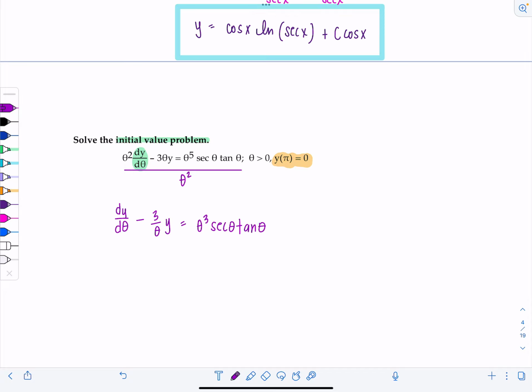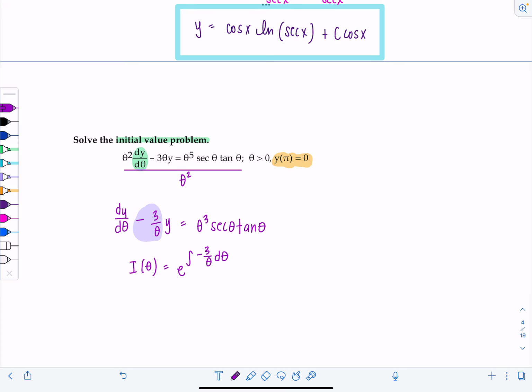Okay. So let's find the integrating factor. I of theta is e to the integral p of theta d theta. Watch out, you guys. You have to include that negative. Otherwise, things will quickly derail.